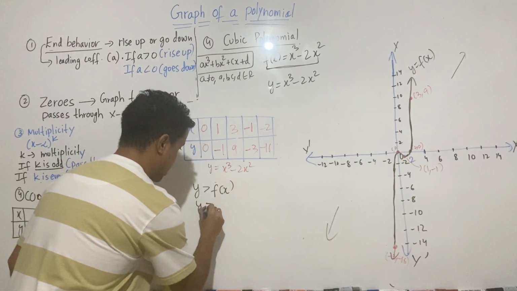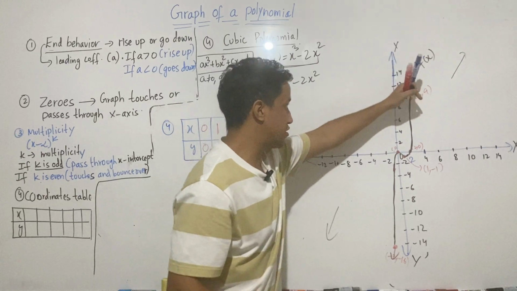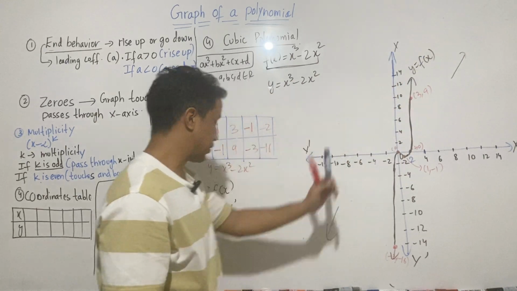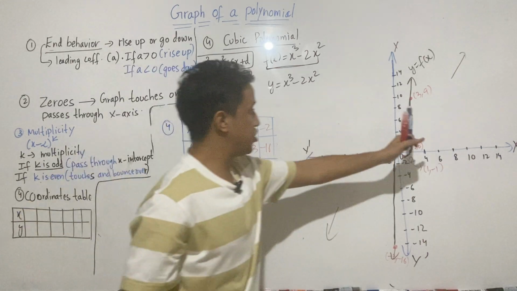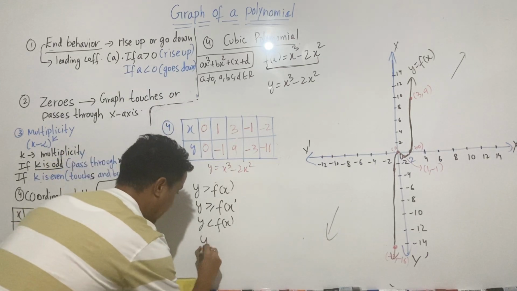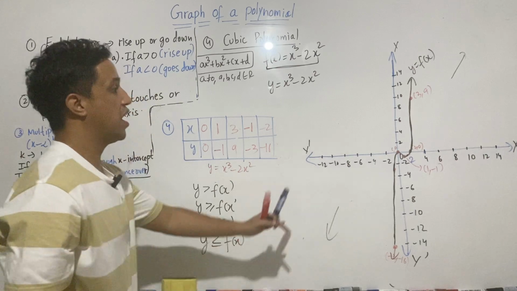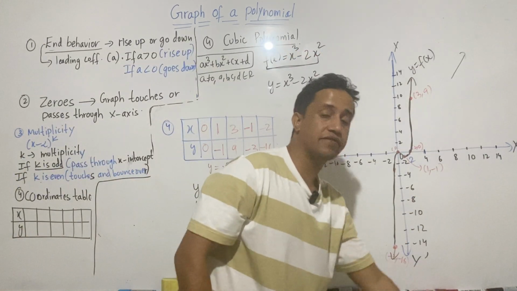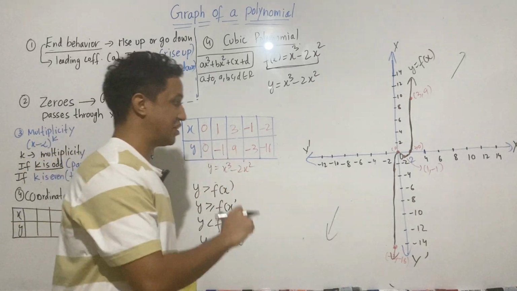Y greater than or equal to f(x) means the region above, but the curve is included. Y less than f(x) means the region below the graph, curve not included. Y less than or equal to f(x) means the region below the graph, curve included. Okay, so I hope this is clear to you.